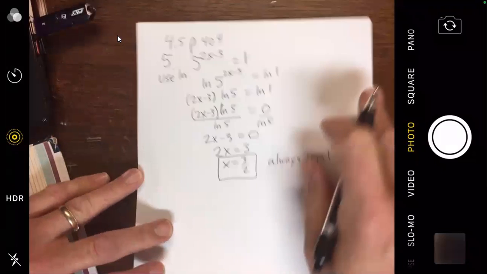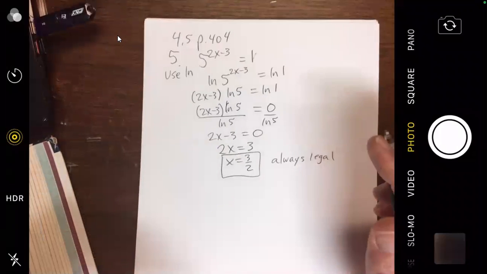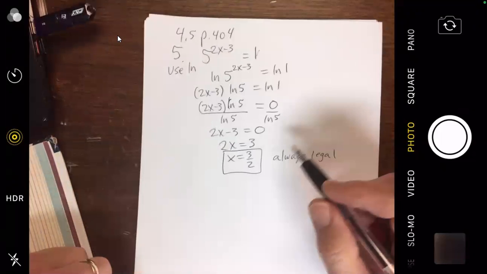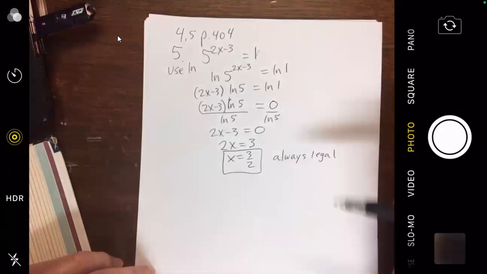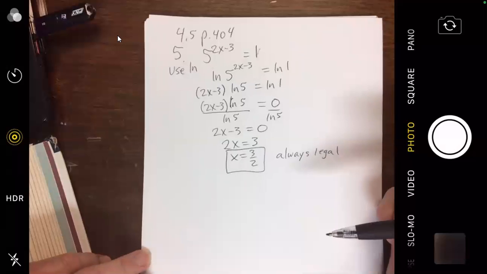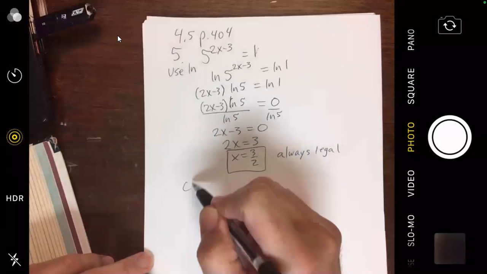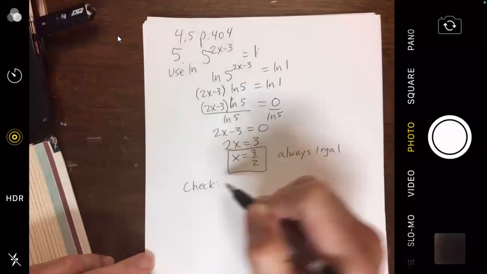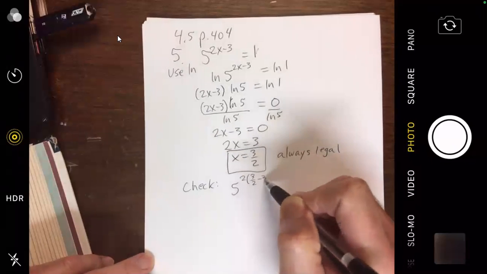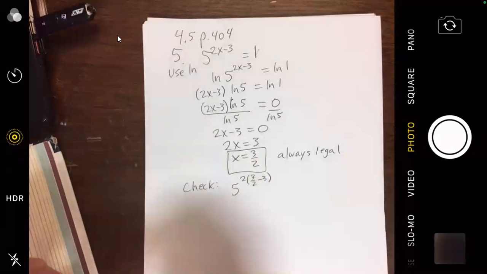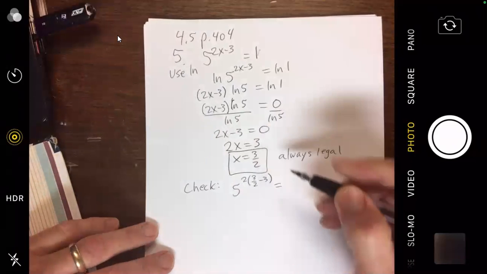If anybody watched the 12 p.m. video on log equations, you have to make sure your answers do not put a 0 or a negative into a log when you check back. But you can check this. 5 to the 2 times 3/2 minus 3.